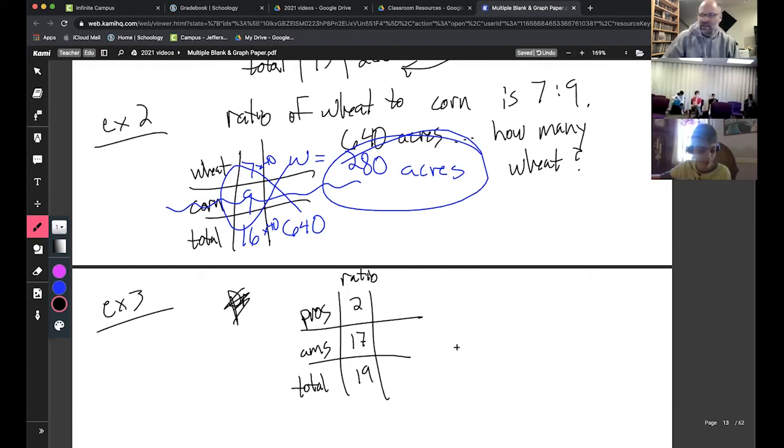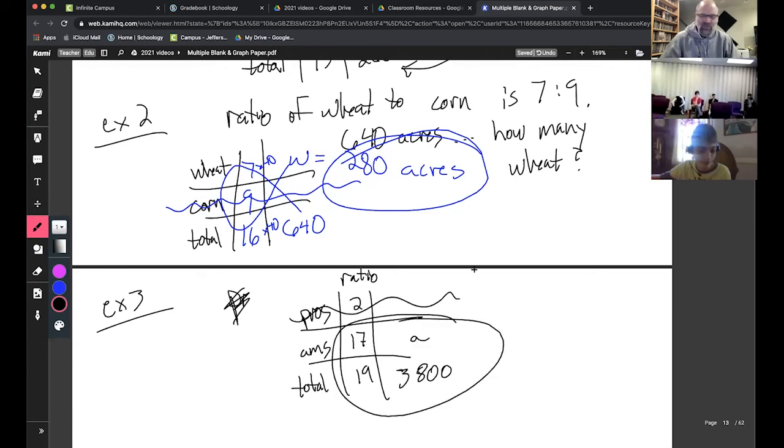Where does the 3,800 go? That looks like a total. It doesn't say professional racers or amateur racers. It just says racers. So that's where that goes. And then we're looking for amateurs. So that means we don't need this anymore. And here's our fish method, or our implied proportion.